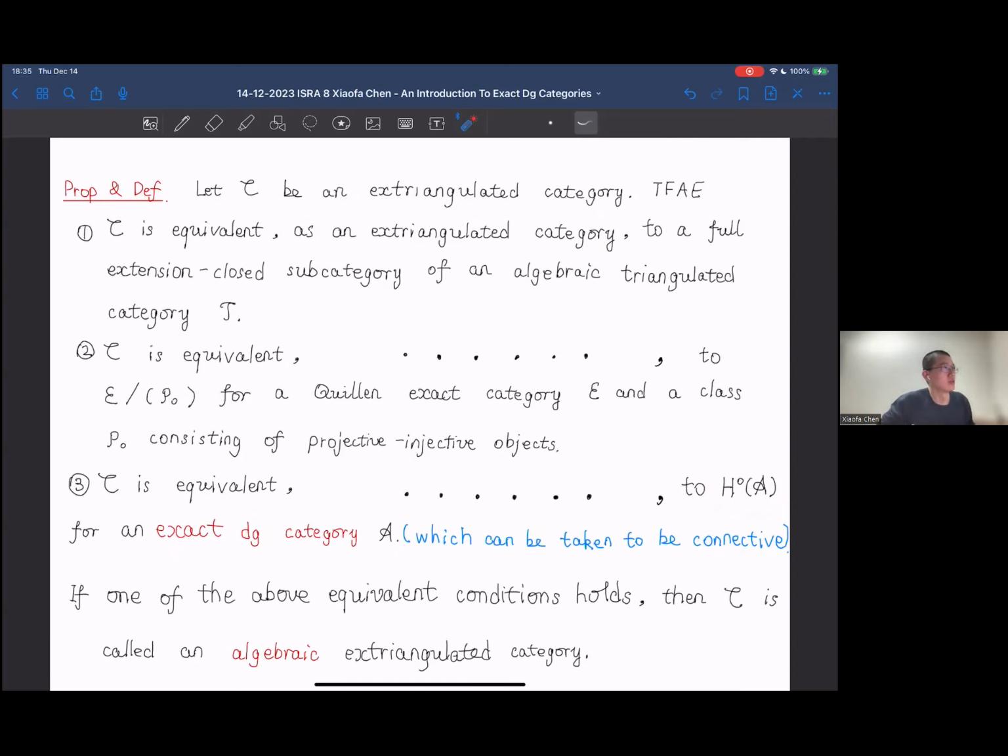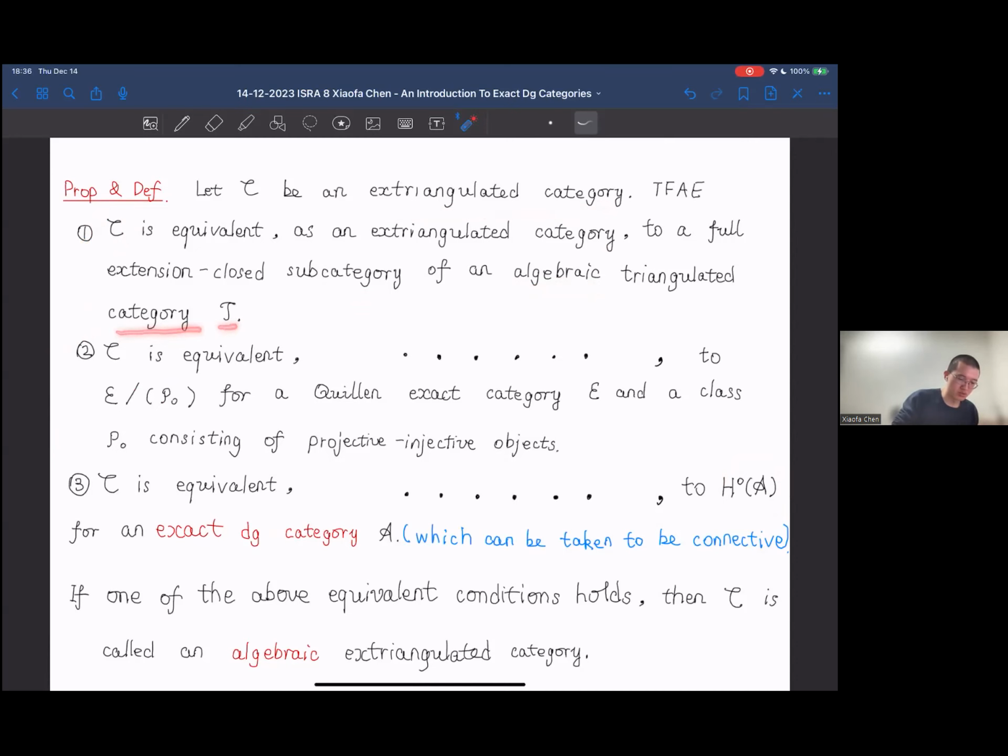So we simply truncate the exact dg category to get a connective one, without changing the H0 of the exact dg category. And it can be shown that this is equivalent to the following two statements. The first statement is that the extriangulated category is equivalent to a full extension-closed subcategory of an algebraic triangulated category T.